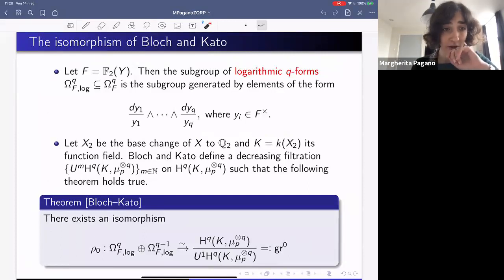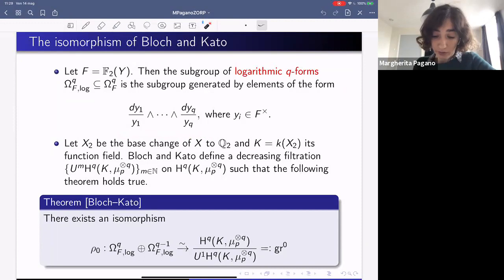So I need to introduce a couple of objects. The first one is F, which will be the function field of Y. So this is a field of characteristic 2. And we will denote by omega q F log the logarithmic q forms on F. This is just the subgroup generated by elements of the form dy1 over y1 wedge dyq over yq.